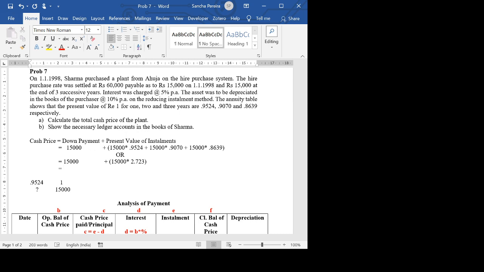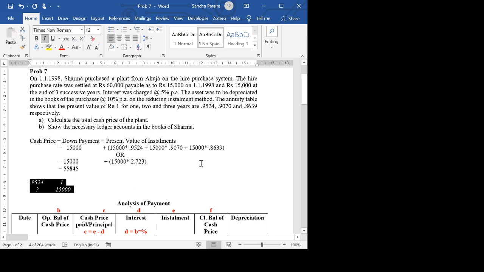It's 55,845. So basically this is going to be my cash price. I'll just put this in italics because it's an explanation for this. So this is what we have to find out.